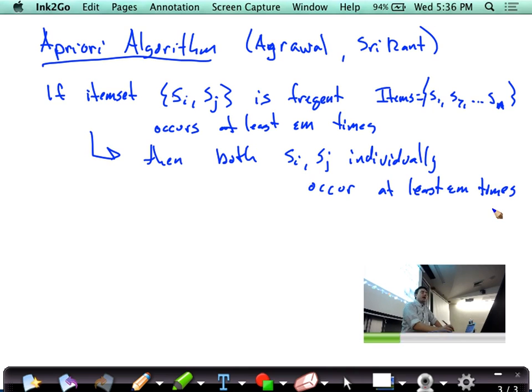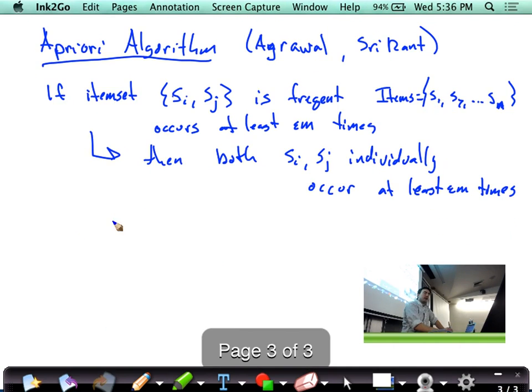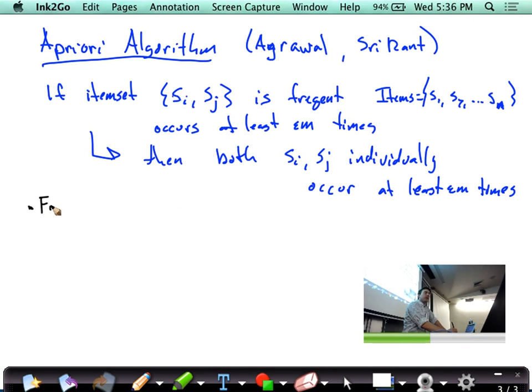If I went back to the small example, because 1 and 2 together occurred a lot, it meant both 1 and 2 individually each had to occur a lot also.